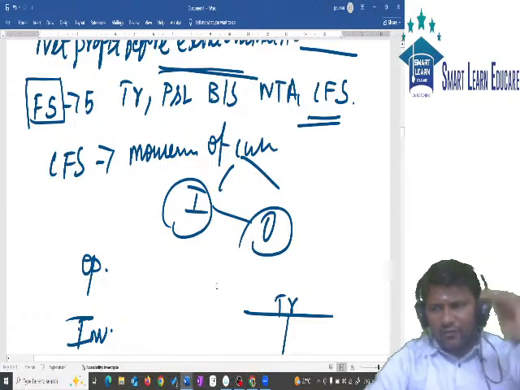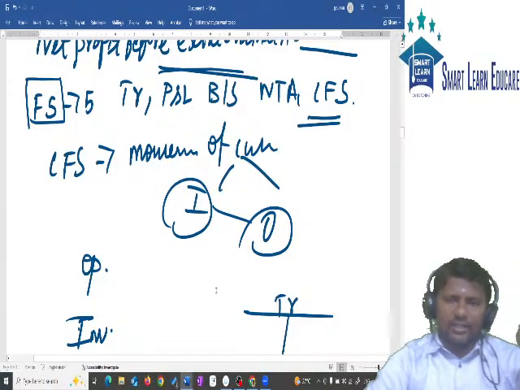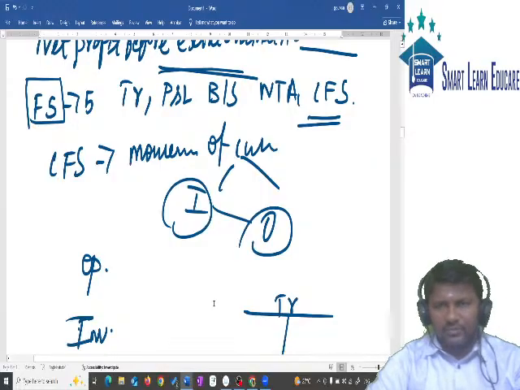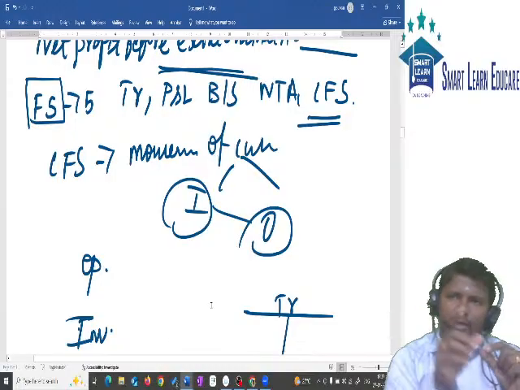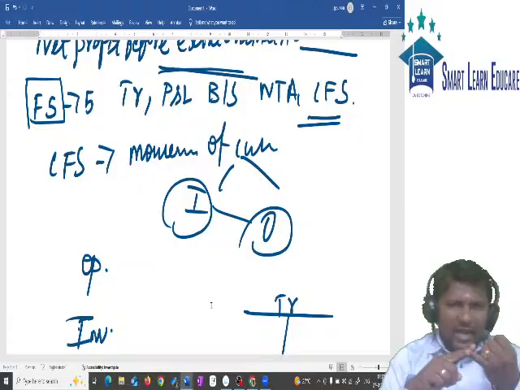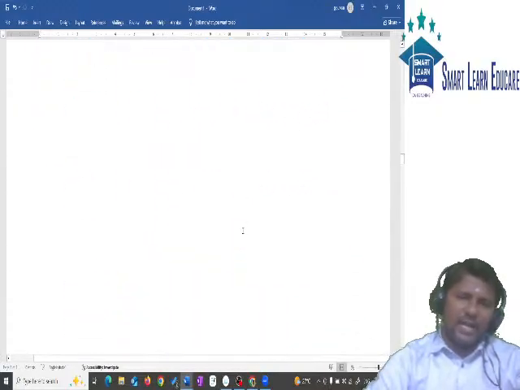In that cash flow from operation, the first one is net profit before extraordinary items. In order to find out net profit before extraordinary items, we need to compare two years' profit. Change in profit should be taken. With that profit, the reserves, whatever reserves we have, should be added back.